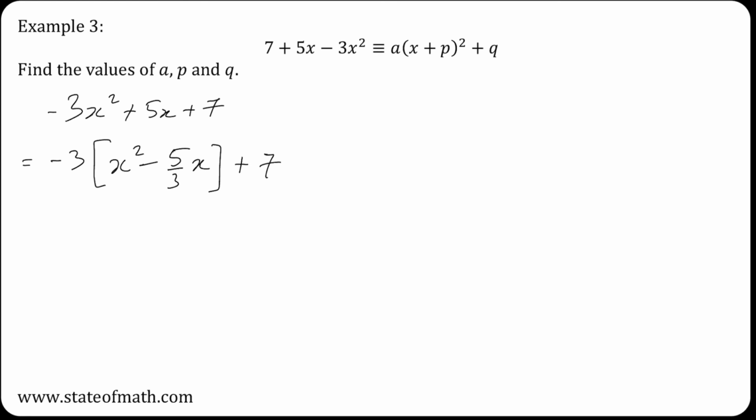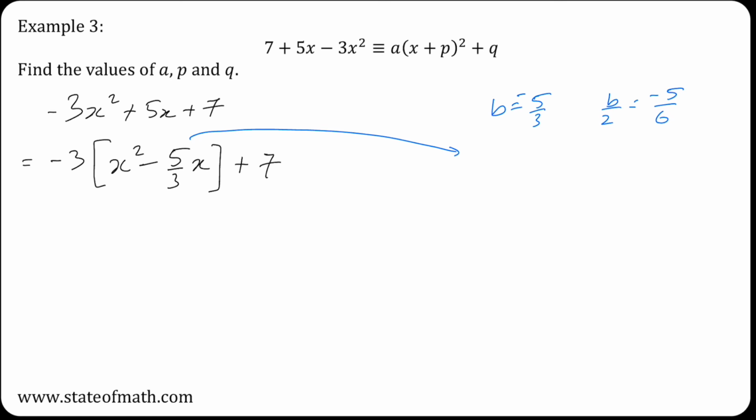And now I'm going to take this expression, go to the side, and complete the square. With this expression, b is equal to minus 5 over 3 actually. So half of that, b over 2, is equal to minus 5 over 6.